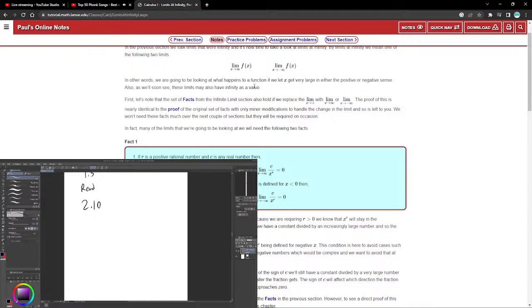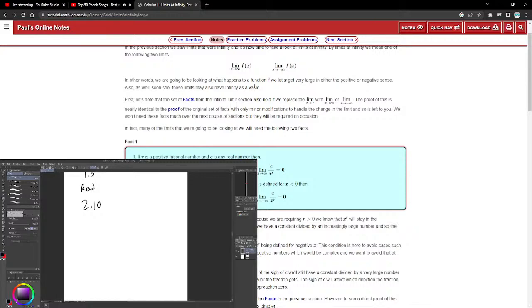First, let's note that the set of facts from the infinite limit section also hold if we replace the limit as x approaches a constant with the limit as x approaches infinity, or the limit as x approaches negative infinity.